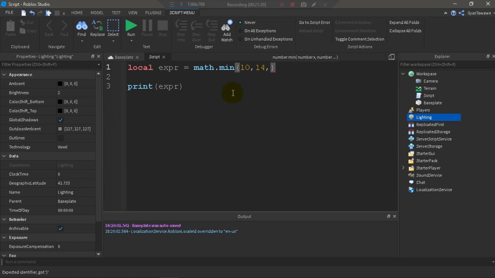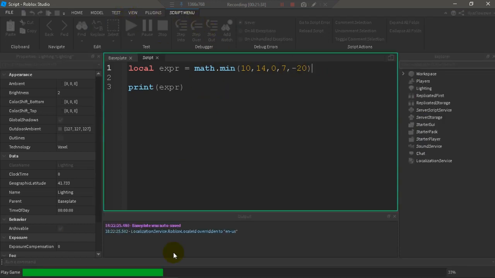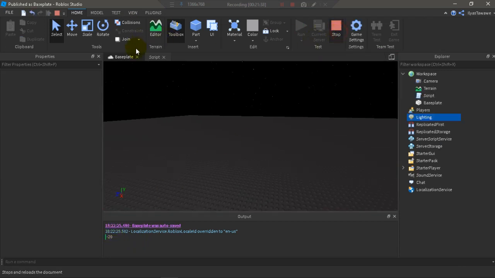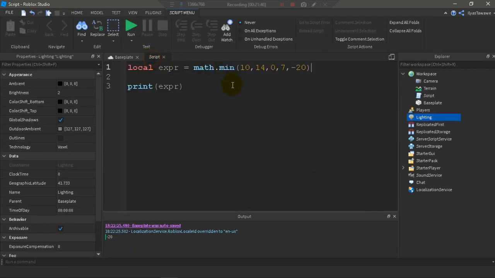For example, 0 and 7 and minus 20. As we know, minus 20 is the smallest number here. So let's run it, and it should give us minus 20 because it's the smallest number. So yeah, and that's why.